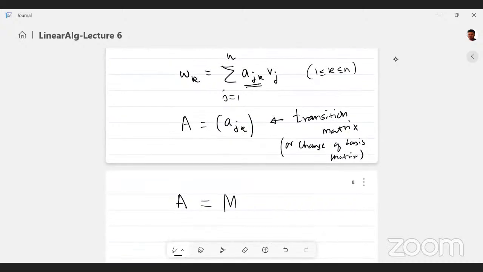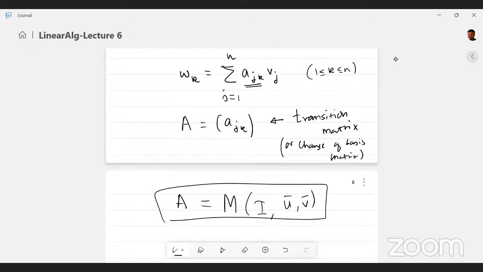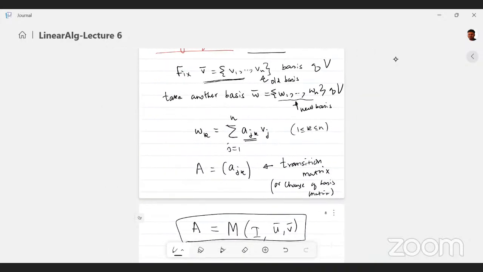So A can be seen as the matrix of the identity with respect to U bar, V bar. That is why I introduced the matrix of a linear transformation with respect to two bases. That way you can understand all of this change of basis very well. This is something we get immediately.